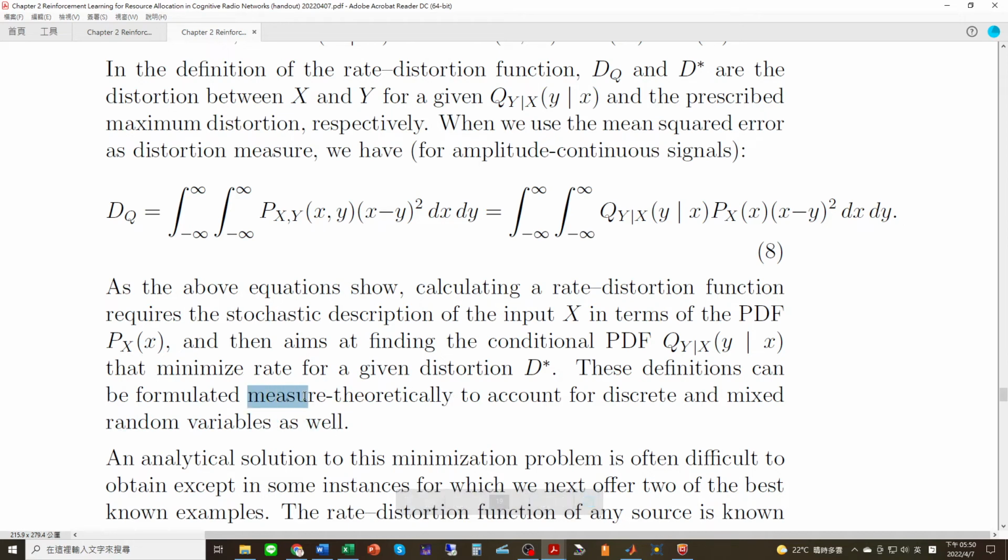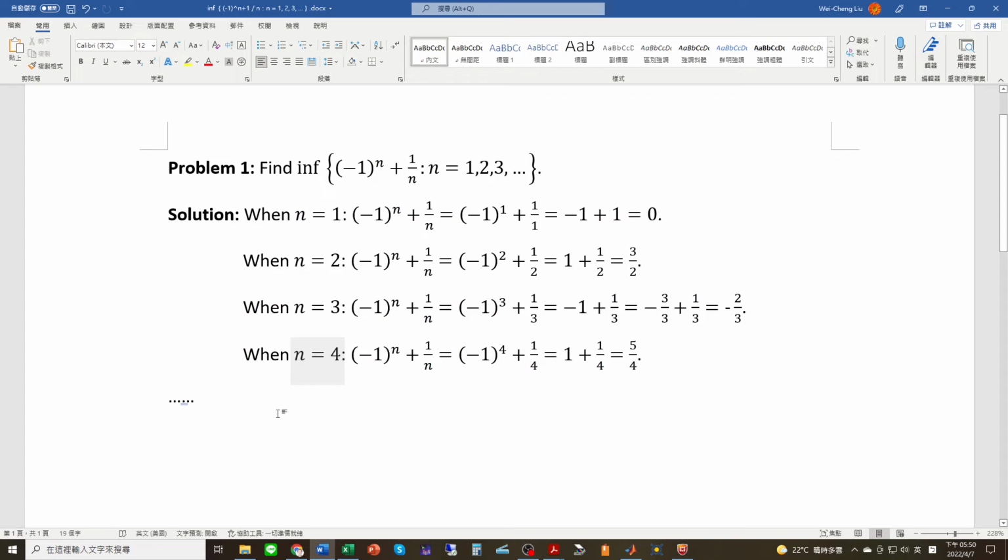What is measure theoretically? There is a theory named measure theory. I remember when I was working toward my PhD degree, my advisor asked me to take a course named Real Analysis, this course 1 and 2.